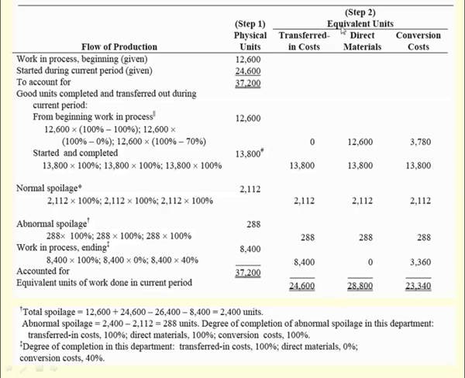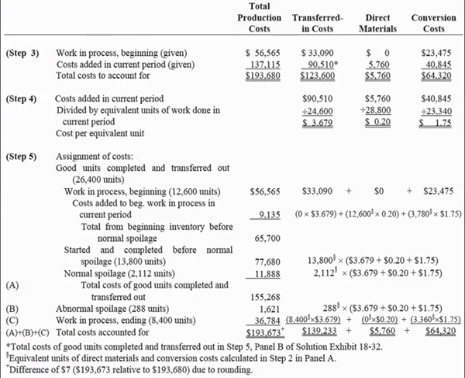And step 2, number of equivalent units under transferred in costs, 24,600 units, under direct materials, 28,800 units, under conversion cost, 23,340 units. Step 3. We need to calculate total cost to account for given work in process beginning costs, and it was also given costs added in the current period.